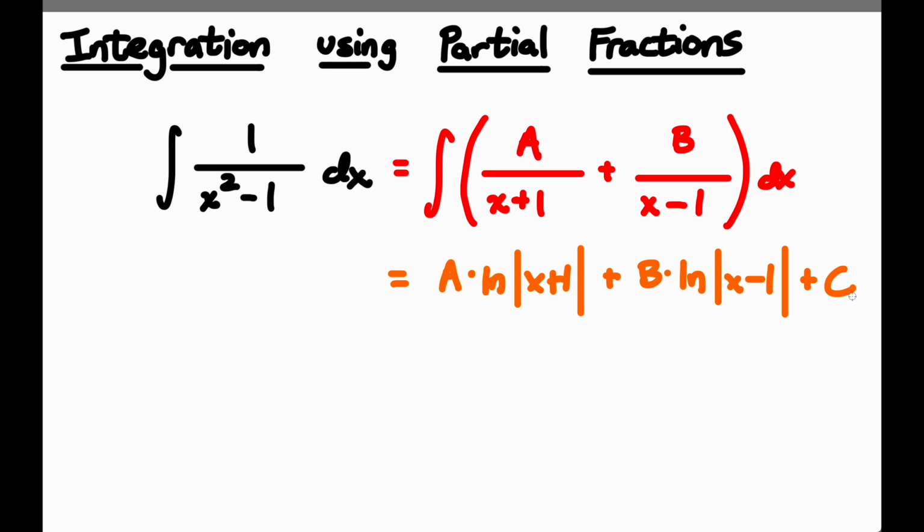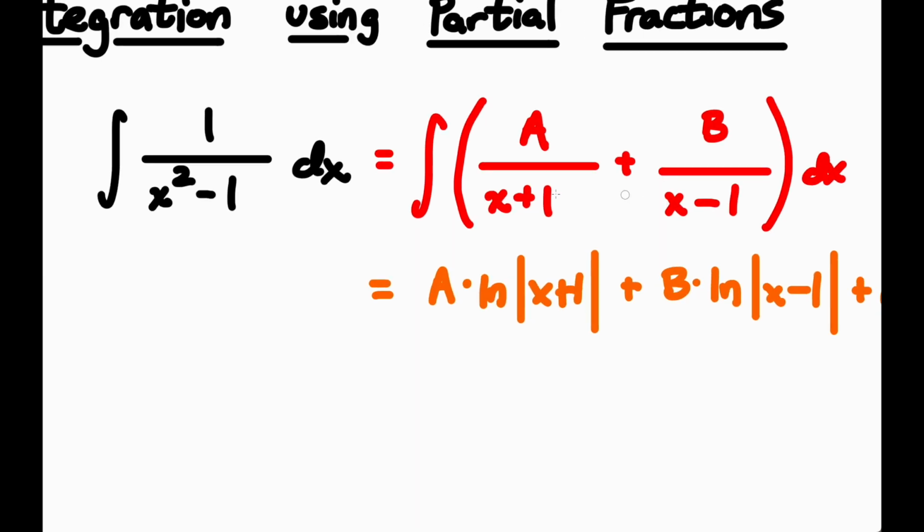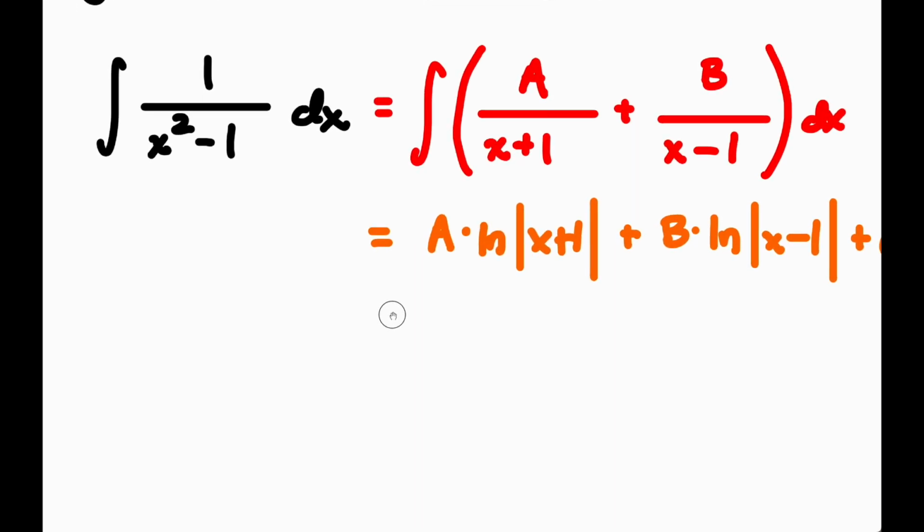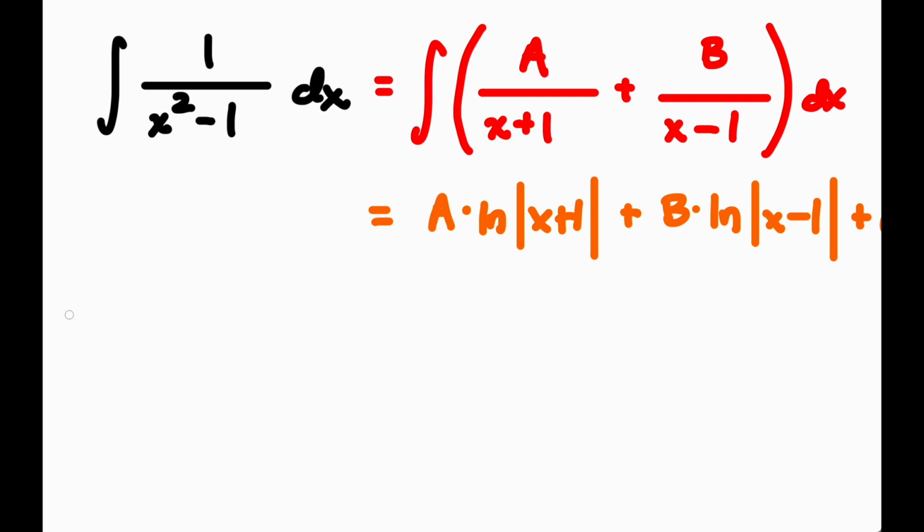So right now that would be our answer, but we need to figure out capital A and capital B. So I'm going to make this almost algebraic, like an algebra problem, to solve this.